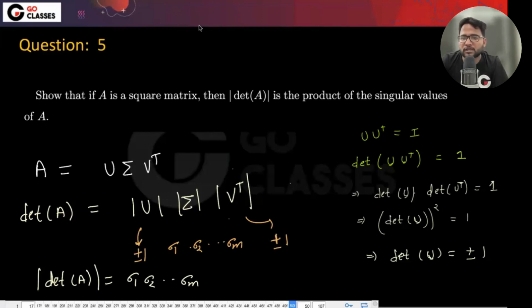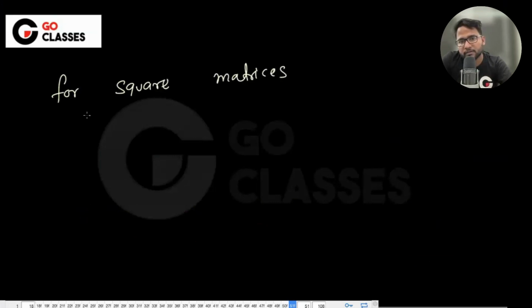So Bachu Paul is asking that for square matrices, sigma and lambda are same. Is this true? Let's just see. For square matrices, just tell me, is this true that sigma and lambda are same?